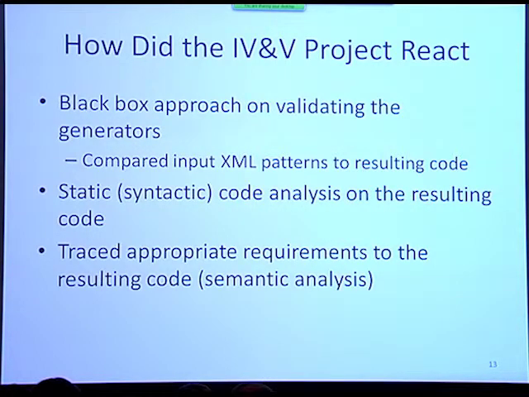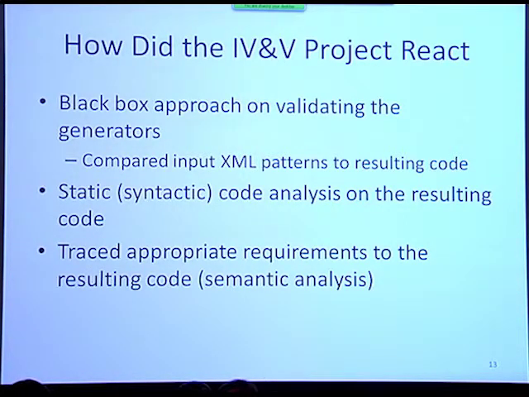So, how did we deal with it? Well, first we did a black box approach on the generators because we couldn't trust them. So we took some XML samples, what patterns were they giving these generators, and looked at the code that came out to see if the expectation we had was met in the way it was forming the patterns that were needed to produce effective functional code.